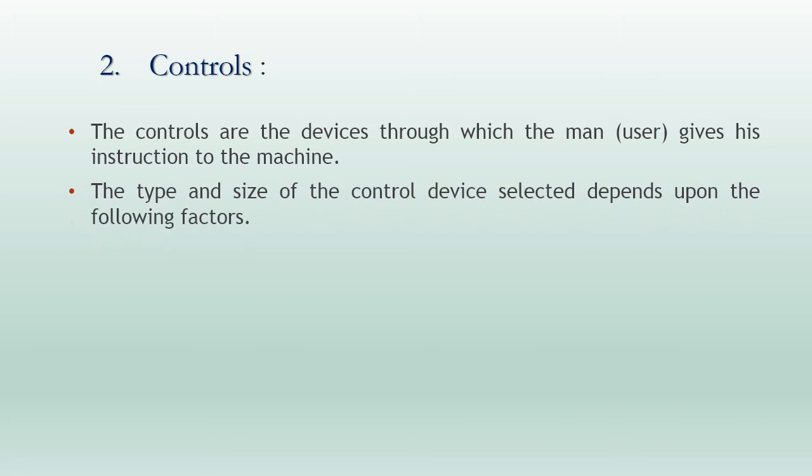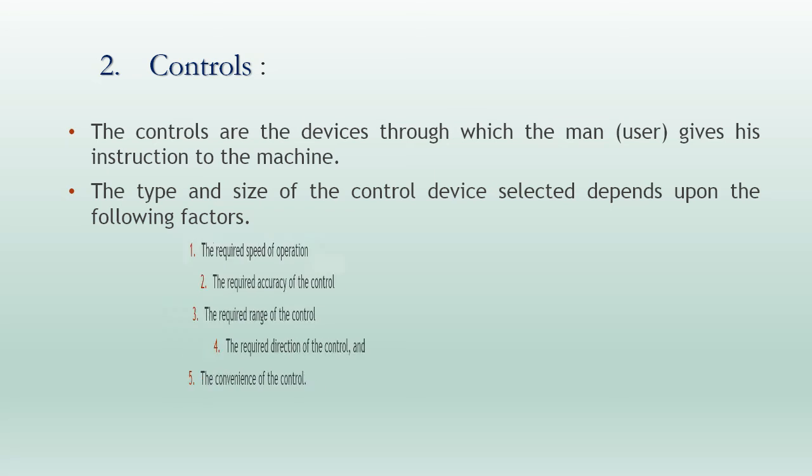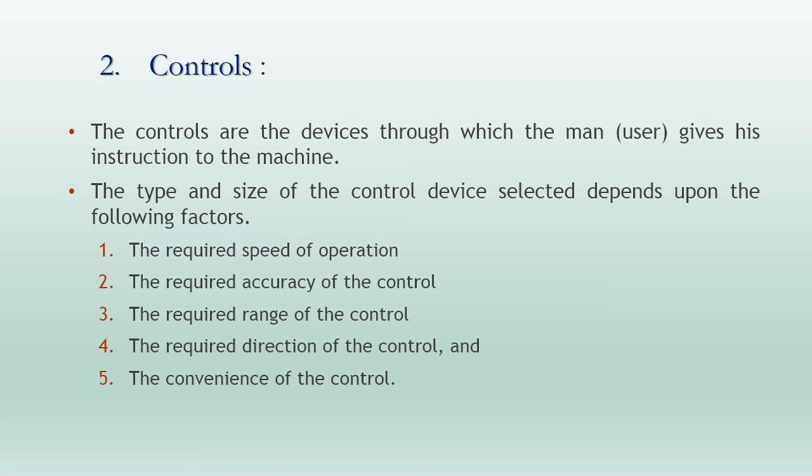The type and size of the control devices selected depend upon the following factors: the required speed of operation, the required accuracy of control, the required range of the control, the required direction of the control, and the convenience of the control for the user.